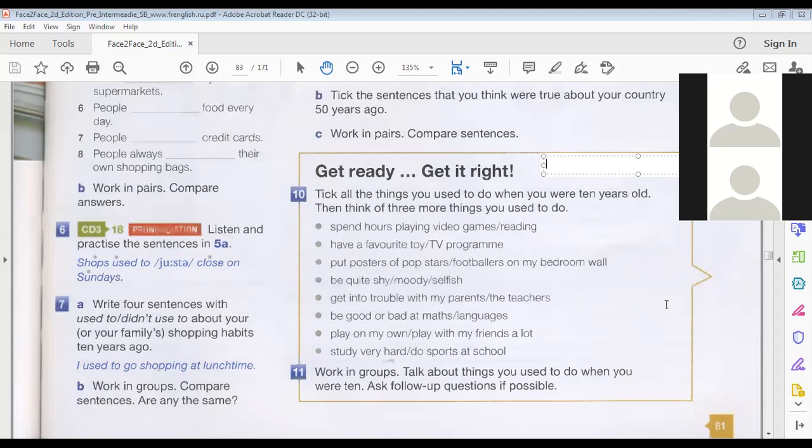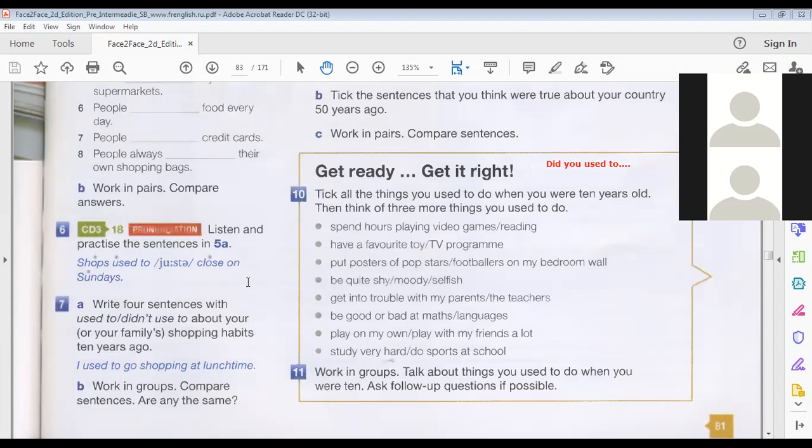How do you make yes? Did you? Continue. Did you? Used to. That's it. So all the questions should be like this. Did you used to? And then you can start with the phrases, because all of the phrases have infinitives.